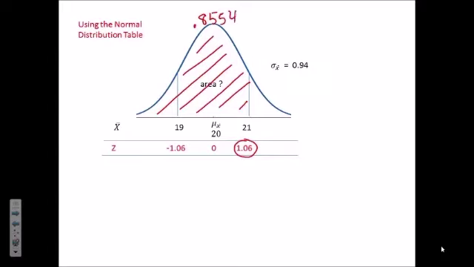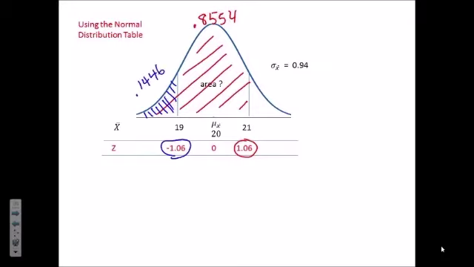Then we look up negative 1.06 and we'll get this area below that z-score of negative 1.06, and that's 0.1446.